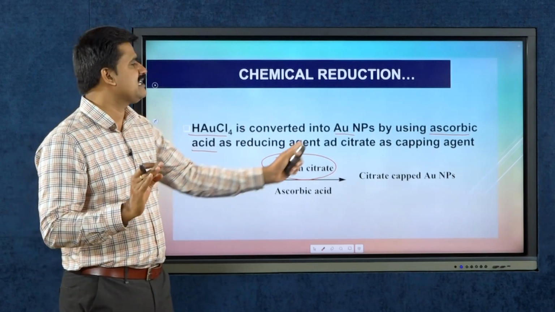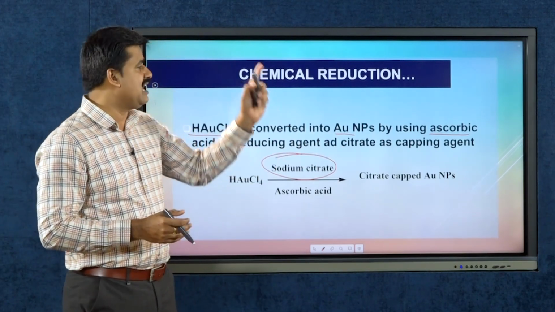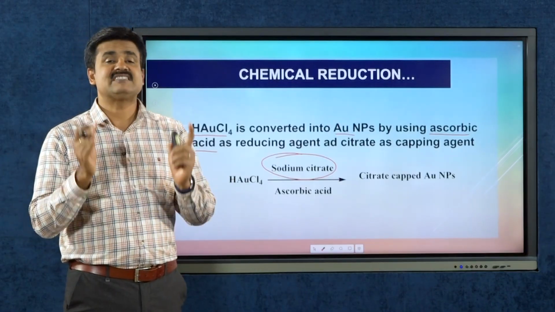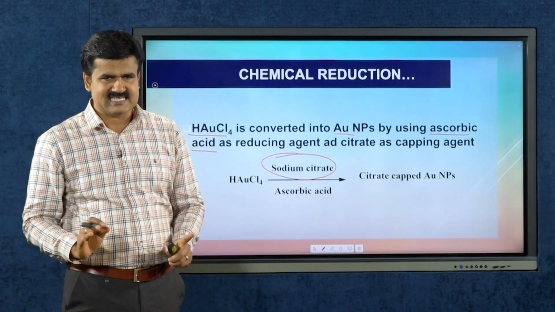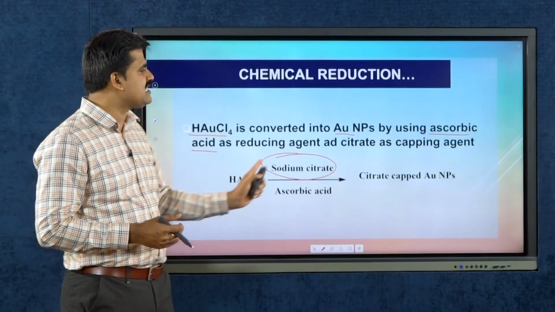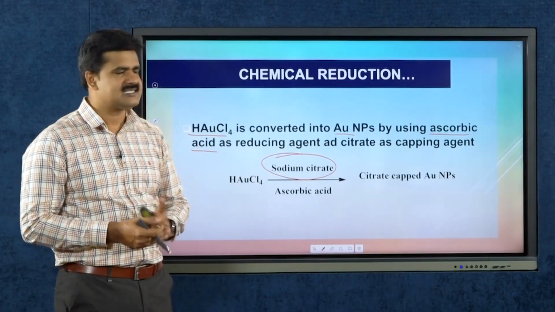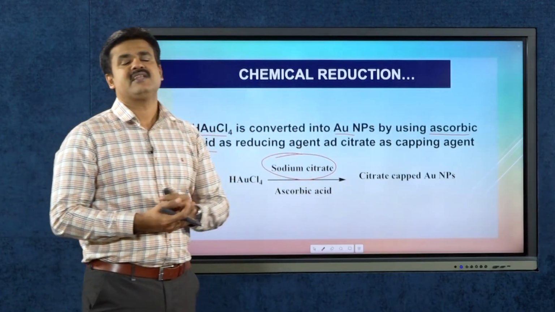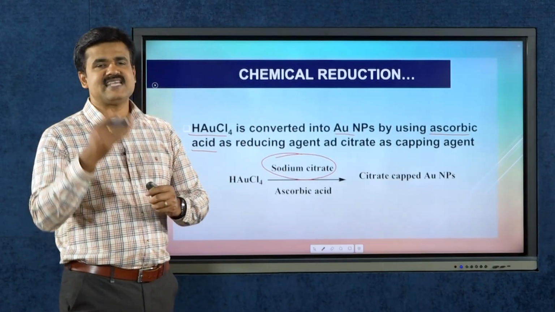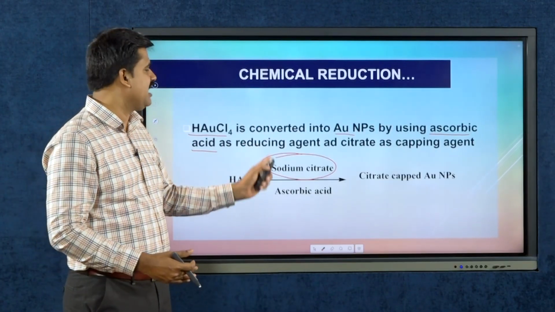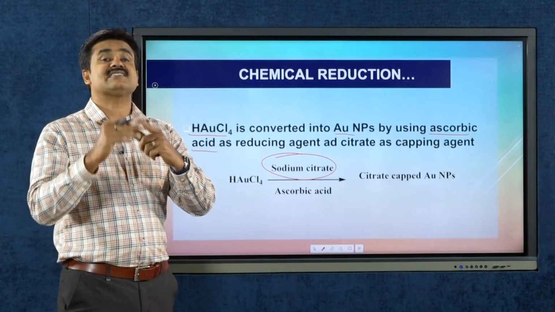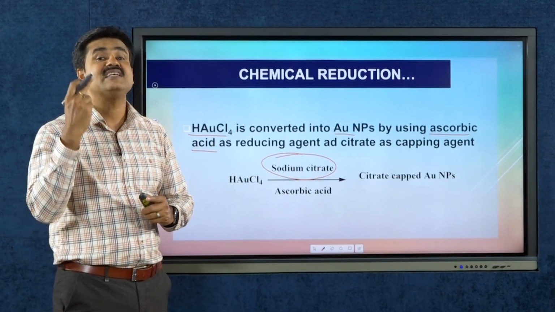So, citrate acts as a capping agent, and the major role is played by ascorbic acid or vitamin C, which acts as a reducing agent. So, in this complete transformation of HAuCl4 to citrate capped gold nanoparticles, ascorbic acid or vitamin C acts as the reducing agent, and sodium citrate produces citrate ion which acts as the capping agent or stabilizing agent.